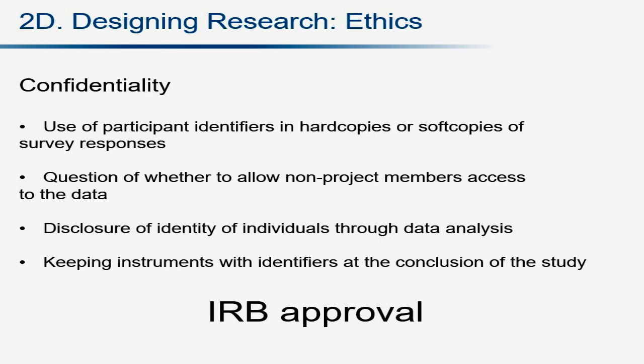You also want to ask whether project members, non-project members can access the data, like can you share it with your colleagues who are not part of the research. You also want to be careful about disclosure of identity of individuals. You don't want to, as part of your research, accidentally disclose someone's identity when you analyze the data.